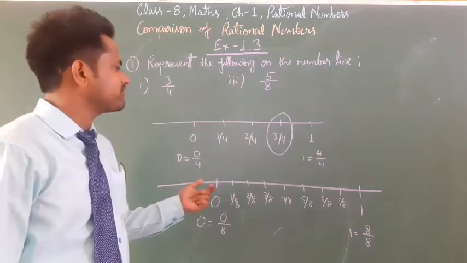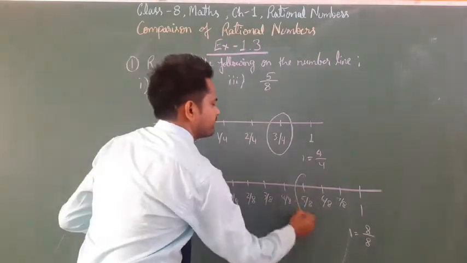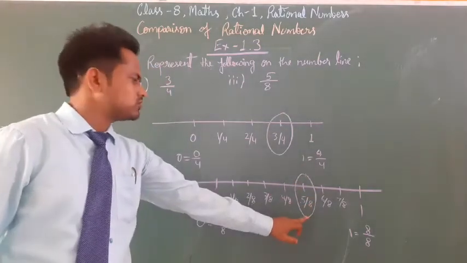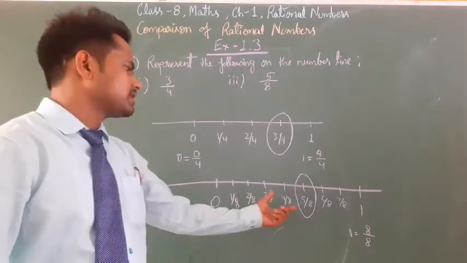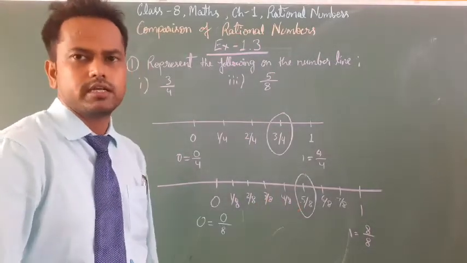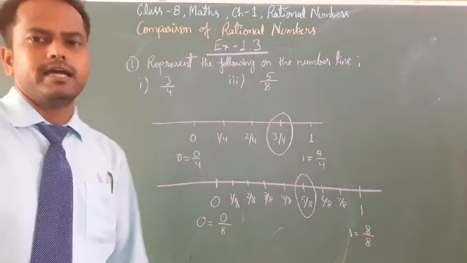So where is 5 by 8? Here, 5 by 8. So this is the representation of the rational number 5 by 8 on the number line. Got it? So please pause the video and note it down.